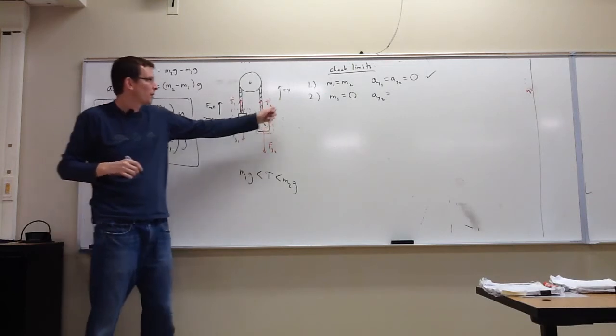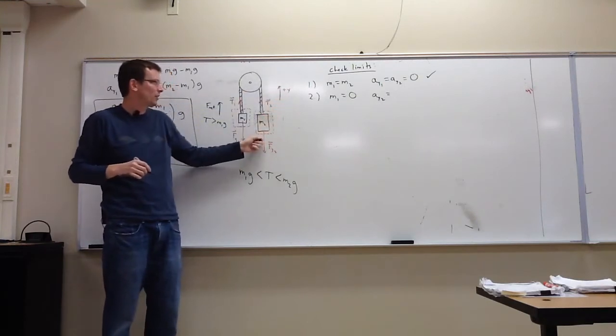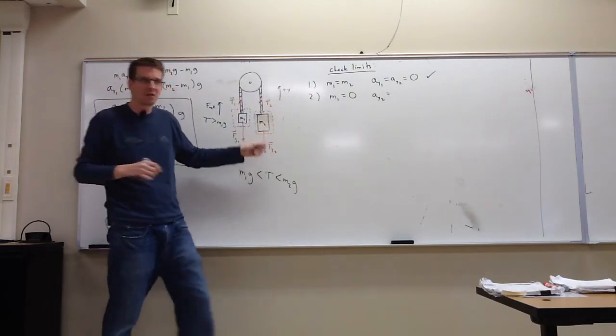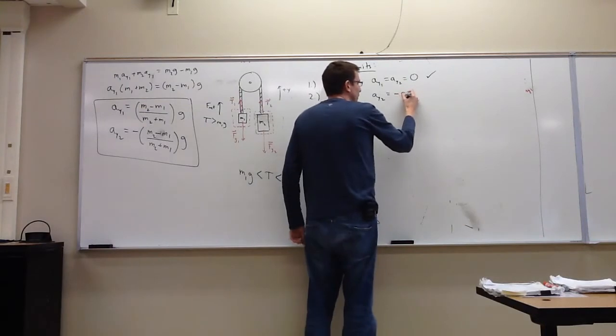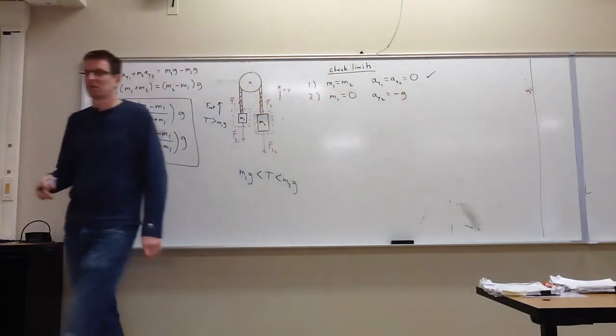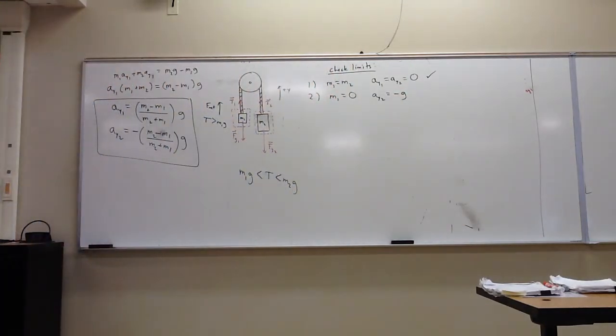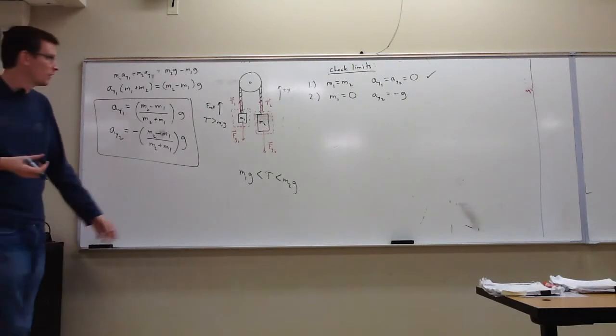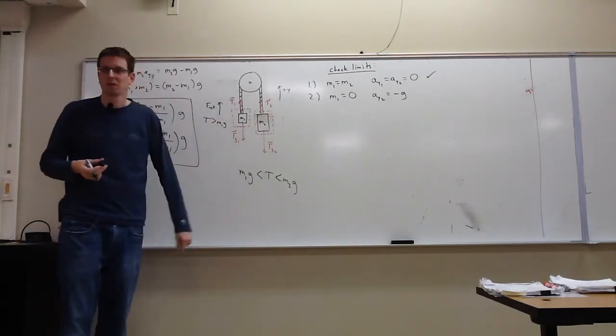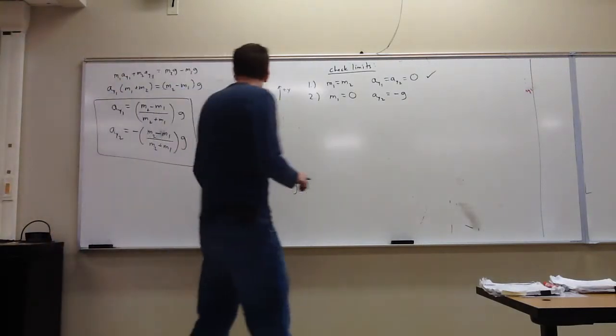So if my plus y-axis is upward, what should the acceleration be? Minus g, right? Remember, the negative is not inside the g, so the minus would be out front. That's just our expectation, right? If one of the masses is basically gone, we cut off m1, m2 should free fall. Let's make sure that happens.